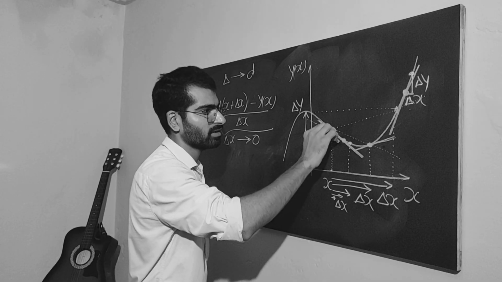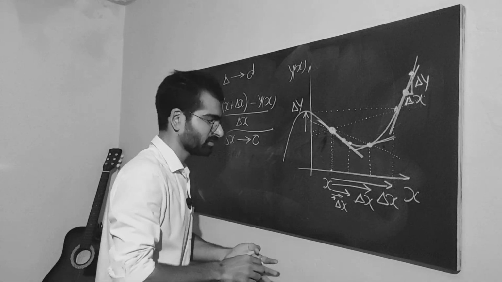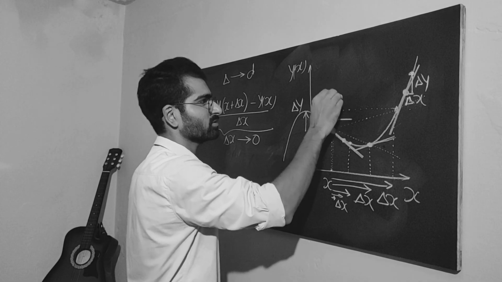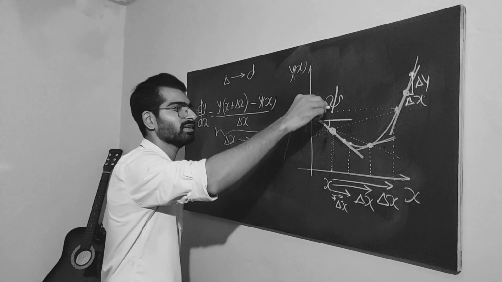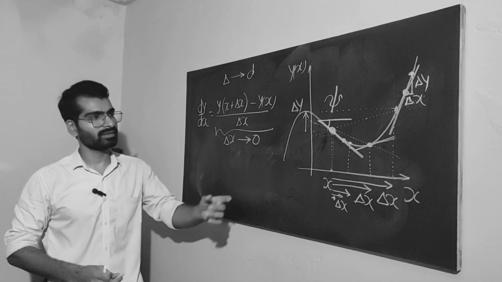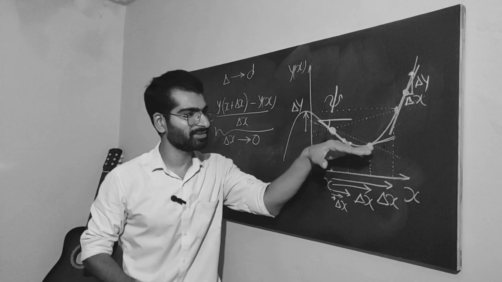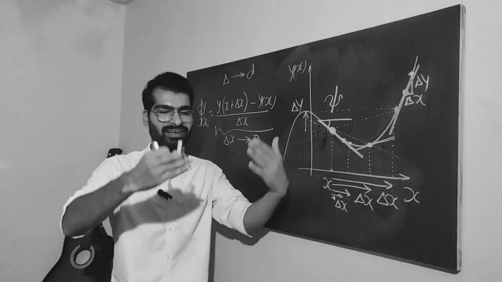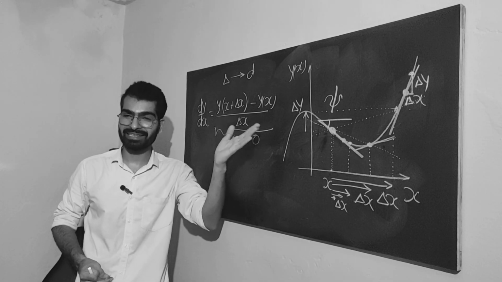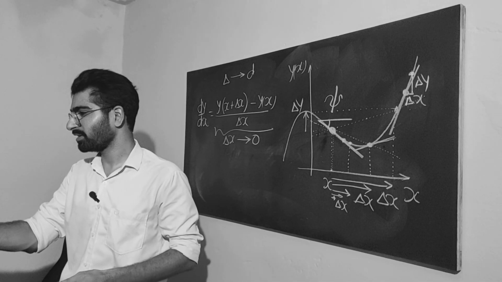Again they will be larger, but with the negative sign, because this is the angle, maybe I should call it psi, it is going to be negative, right? This one tells you how fast you are going down, and this one tells you how fast you are climbing up. That's the difference. That's what the negative sign tells you, that you are going down.